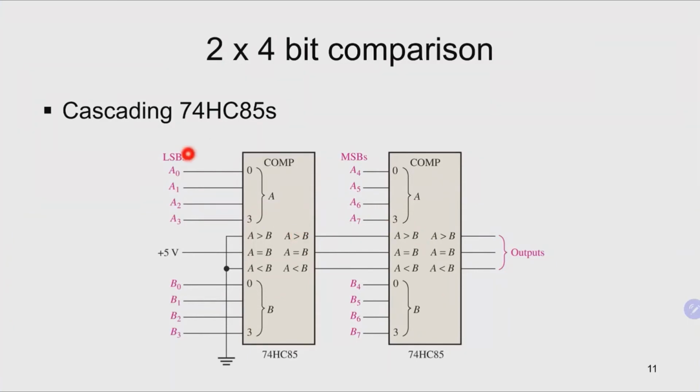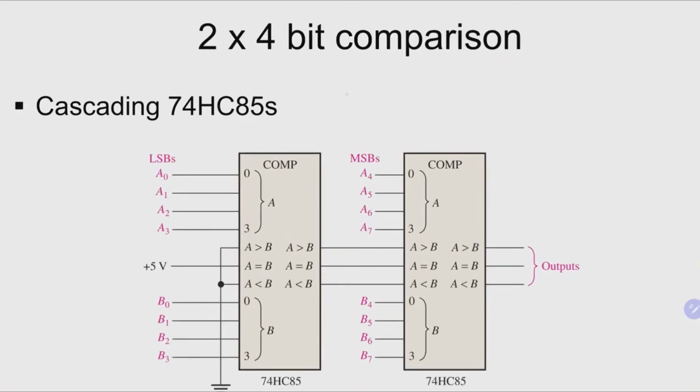So in here, we're comparing A7, A6, A5, A4, A3, A2, A1, A0 with B7, 6, 5, 4, 3, 2, 1, 0. Okay, so we use 4 bits on one comparator, and another 4 bits in another comparator.